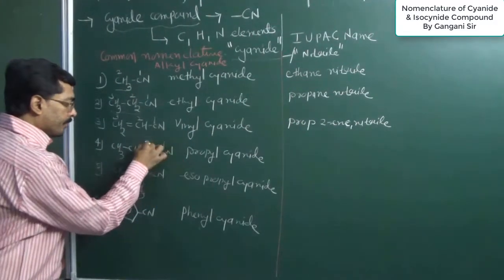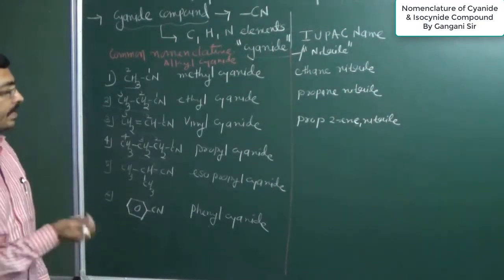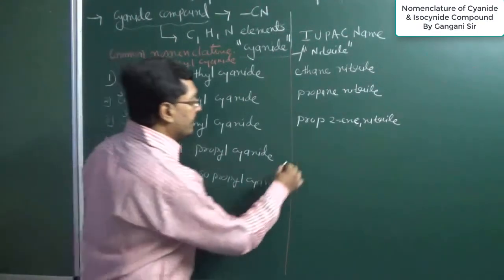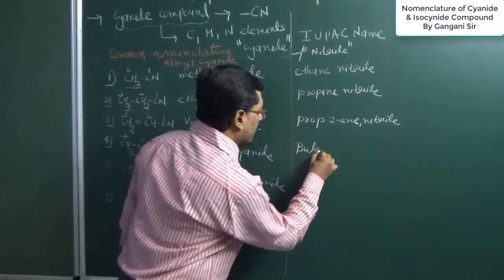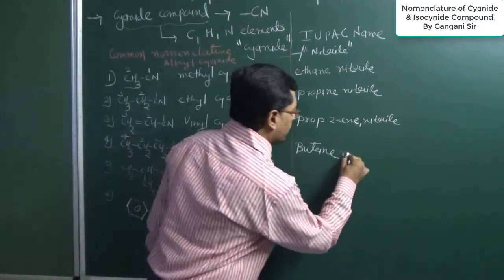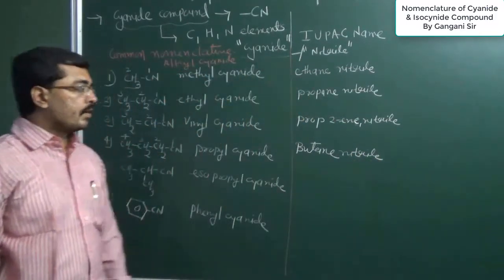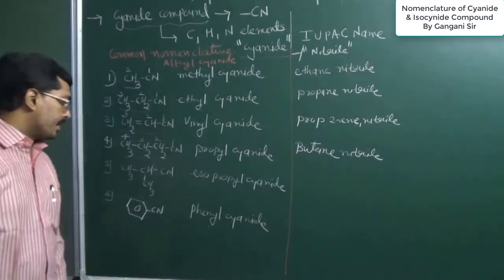Now structure number 4 has 4 carbon atoms in a linear long chain, so the name will be butane. Only one functional group, so nothing is replaced, and the suffix nitrile is added. The IUPAC name of this compound is butane nitrile.